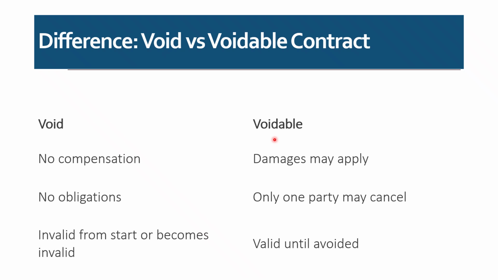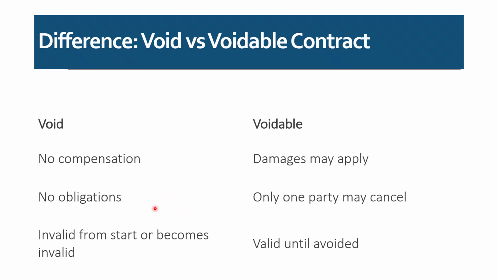For example, a contract signed under pressure. So the affected party may choose to void it. In simple words, a void agreement was always invalid, whereas a voidable agreement was valid until someone cancelled it. Understanding this difference will help you greatly in solving case-based questions, right?